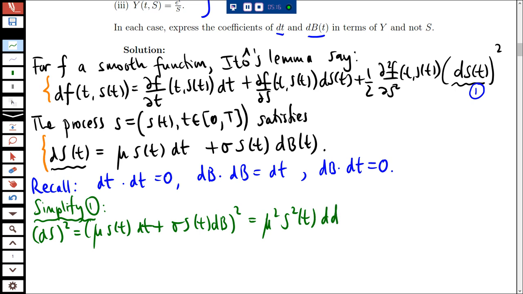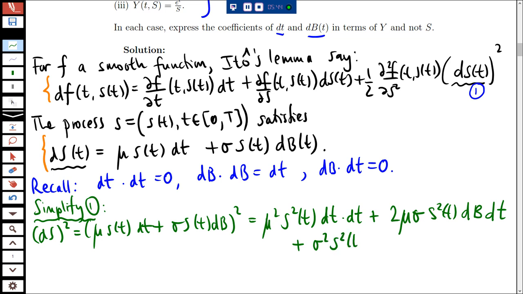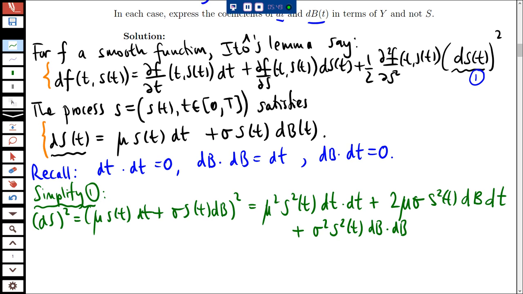So that's the square of the first term. That's the square of the second term. No, sorry, that's the cross terms, and now the square of the last term. There you go, and that's the square of the last term.